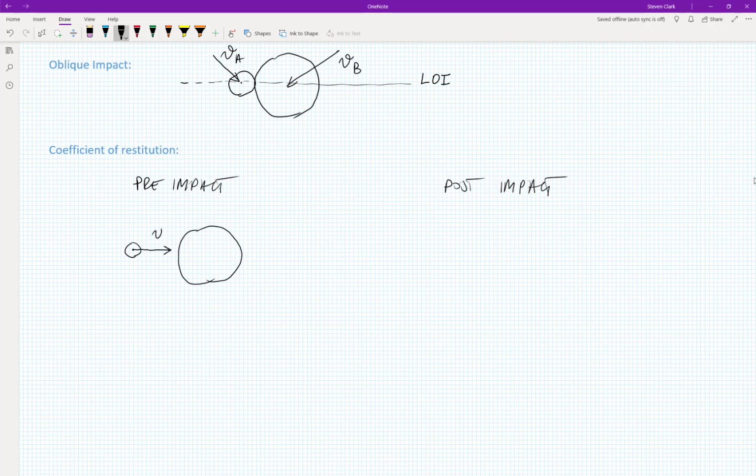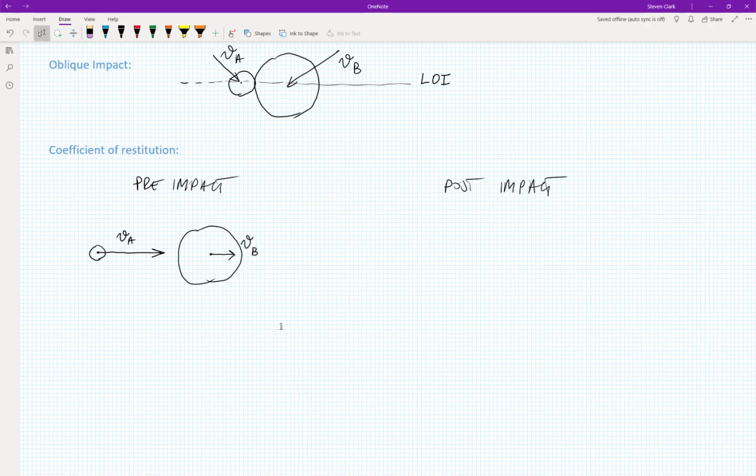Velocity A and velocity B. So pre-impact, velocity A must be larger than velocity B, at least in this case.